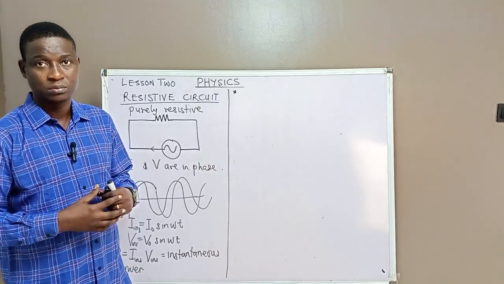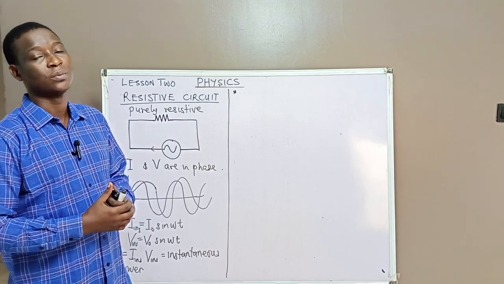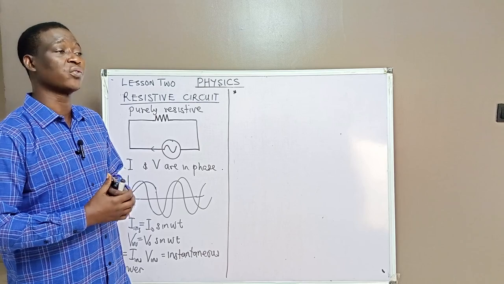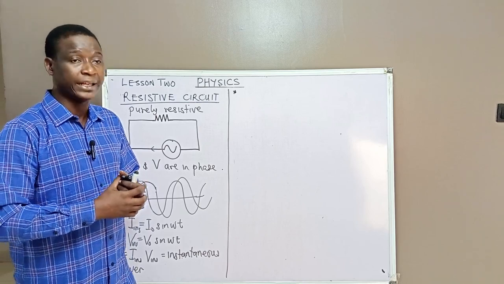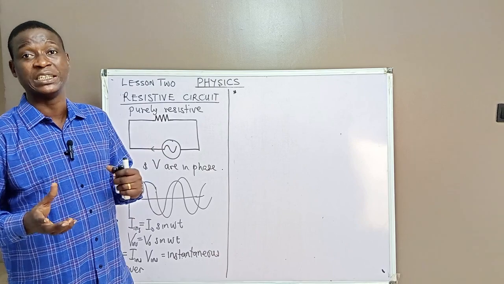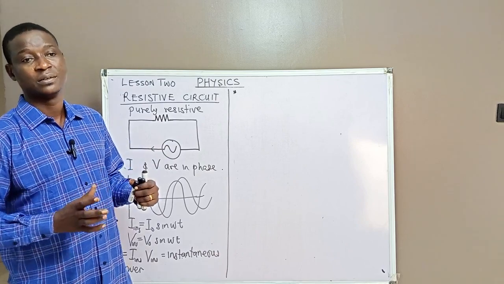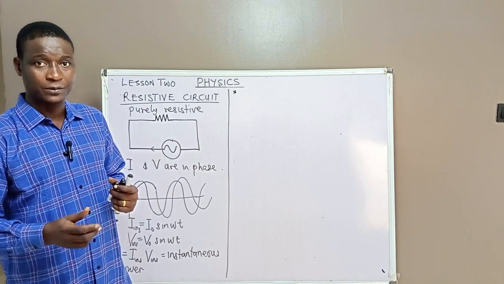Point number 2, power loss is caused by a resistor. Point number 3, the phase angle between the current and the voltage is 0 degrees.